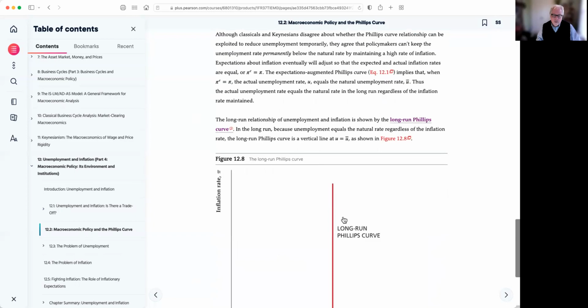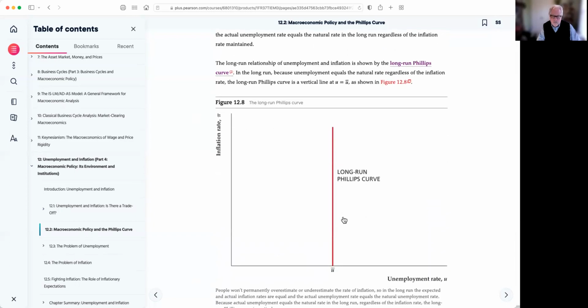And then ultimately, as we were pointing out at the beginning of the chapter, in the end, your expectations will adjust. Inflation expectations will adjust and bring us back to full employment. So in the long run, there really is no trade-off between the unemployment rate and the inflation rate, even though in the short run, there might be.